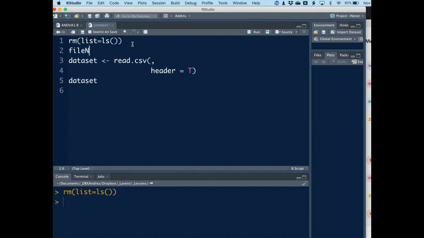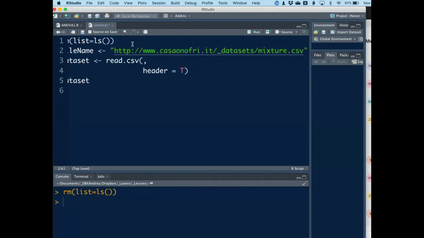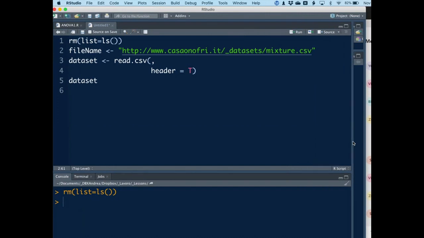I'll define a variable file name and assign the name of the file, including the path. So it's HTTP, maybe we need an S here, it's not compulsory, HTTPS www.casaonofre.it/ here datasets mixture.csv.